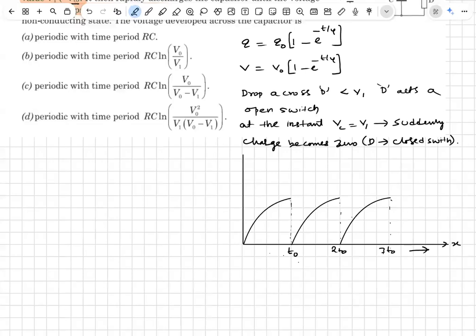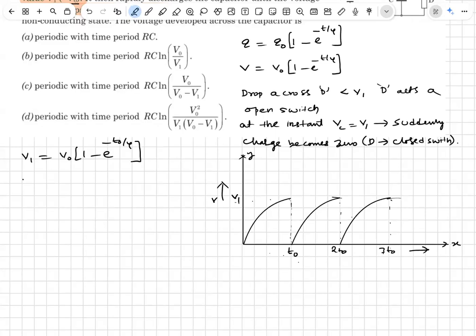This is the x-axis, this is the y-axis, and this is the voltage representation. And this is V1. Obviously, this is periodic. And you may ask me, what is t0? V1 is equal to V0 times (1 minus e to the power of minus t0 by tau).